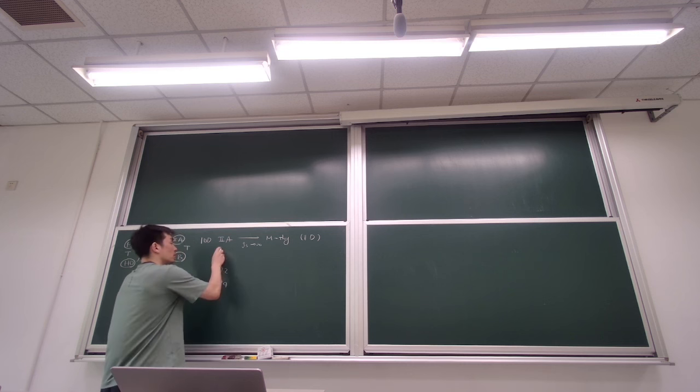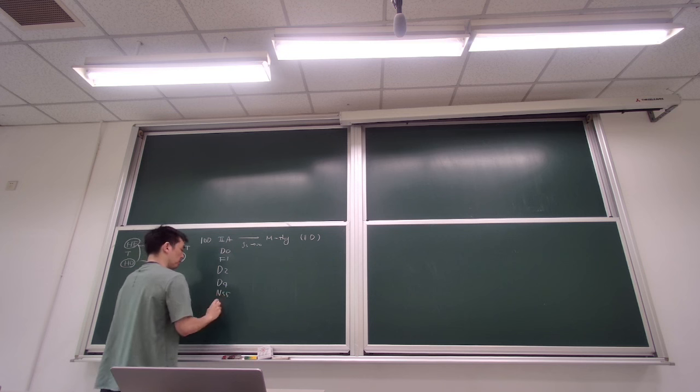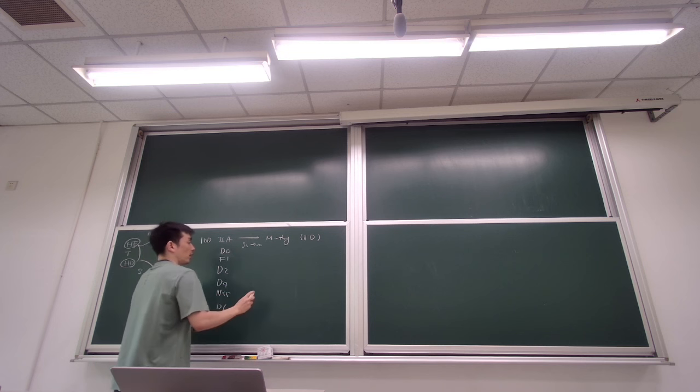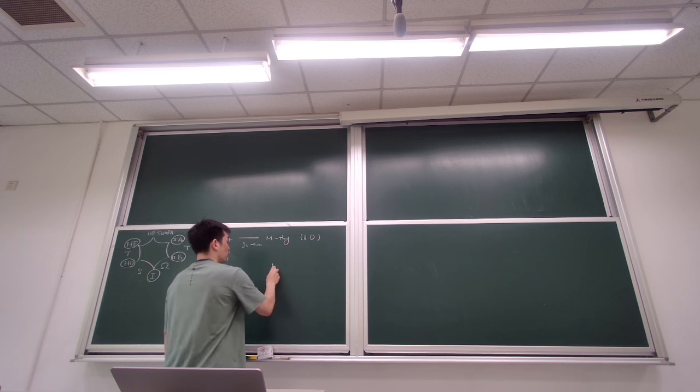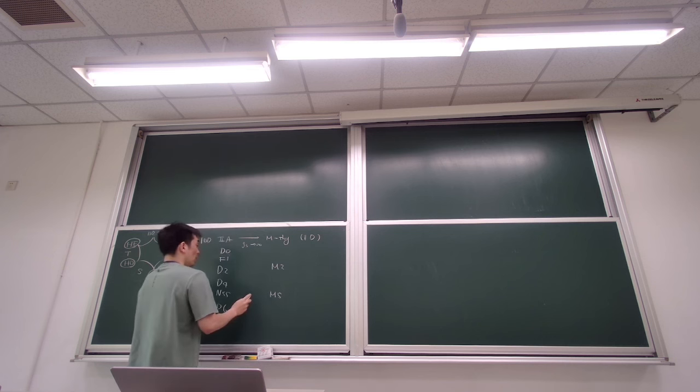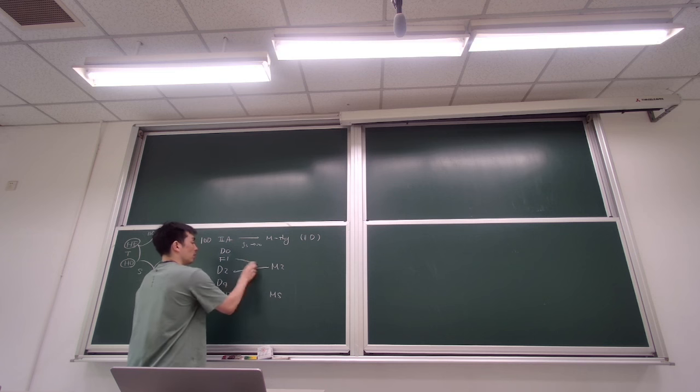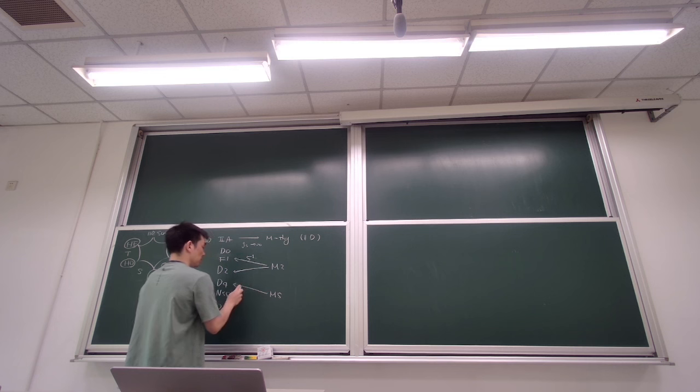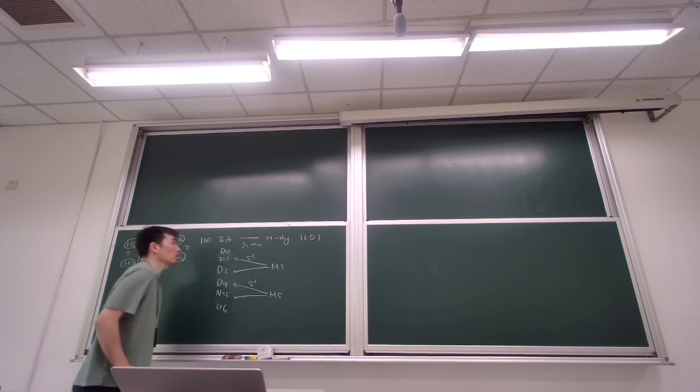So the ingredients are like this. And here the ingredients are M2 and M5. So directly M theory on a circle S1, and then this way.